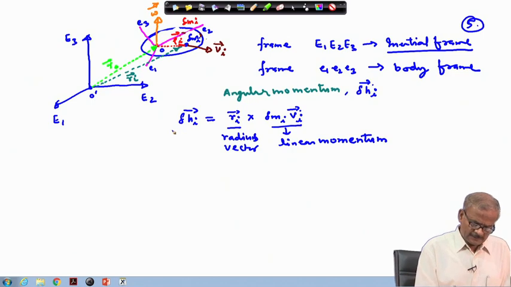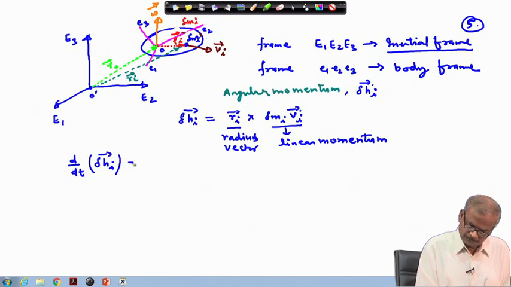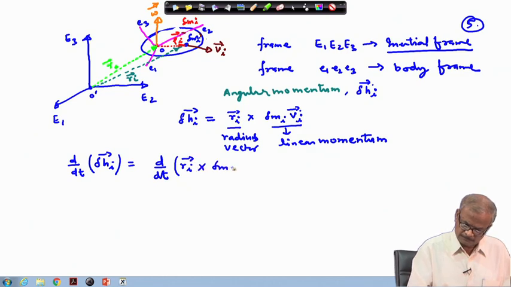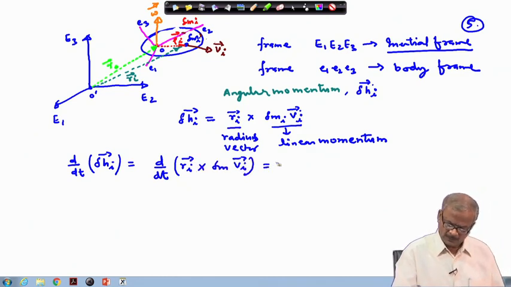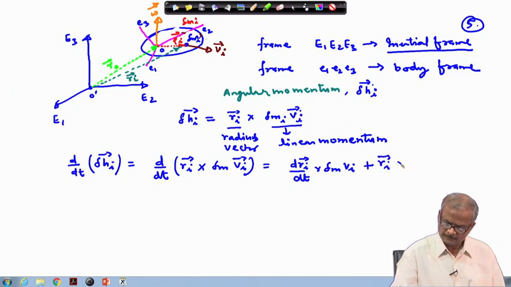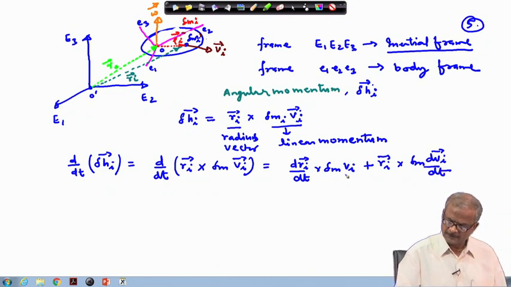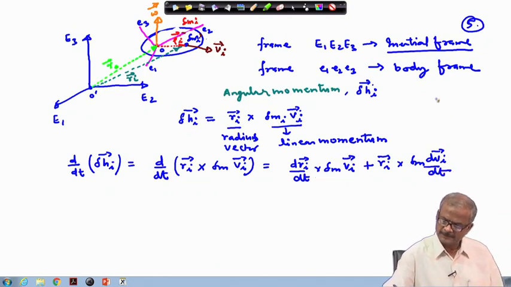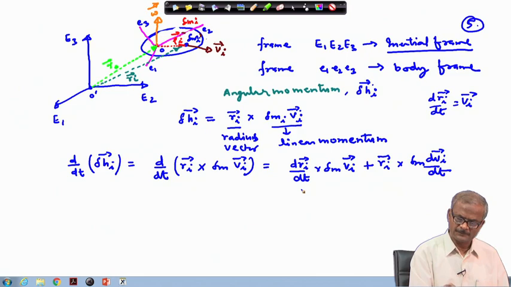Now, if we differentiate this, okay, differentiating this gives me d r I by d t cross delta m V I, and we know that this quantity d r I by d t is nothing but V I. Okay, this is the velocity of this particle.